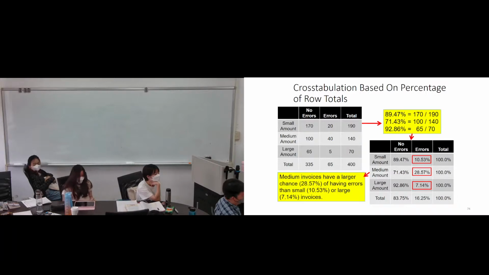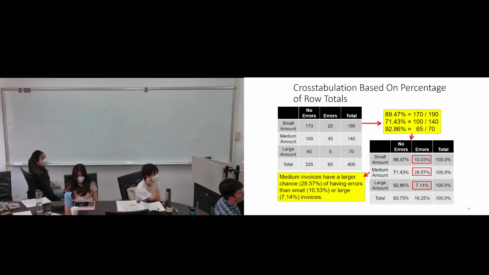Let's see the first one. For the median invoices, 28.57% have errors. And for the small amount invoices, 10.53% have errors. For the large amount invoices, 7.14% have errors.